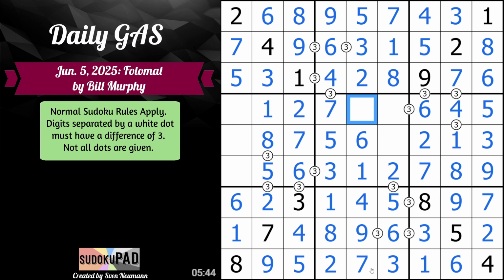We're missing 8, there we go, we're missing 8, here we need 3 and 9, and then the 9 gets placed here.